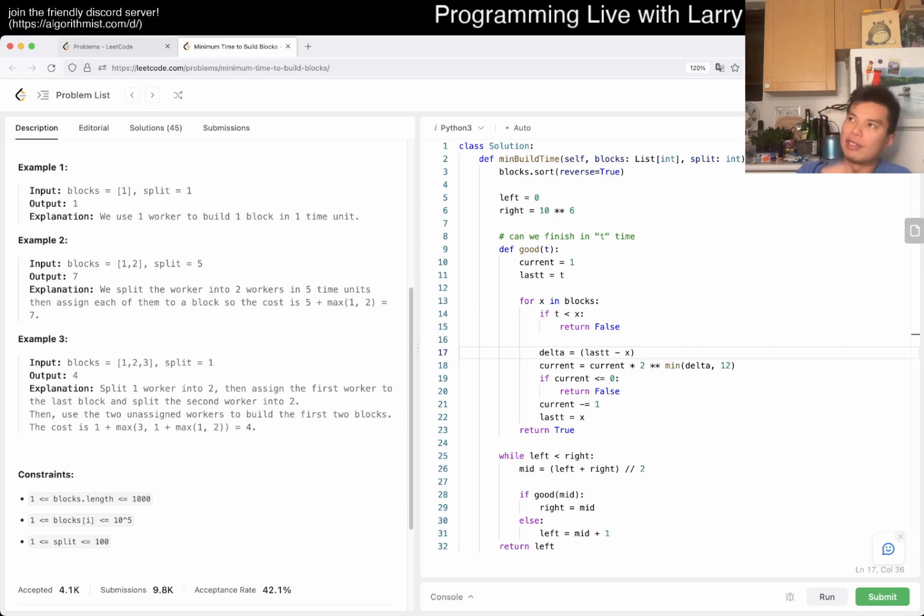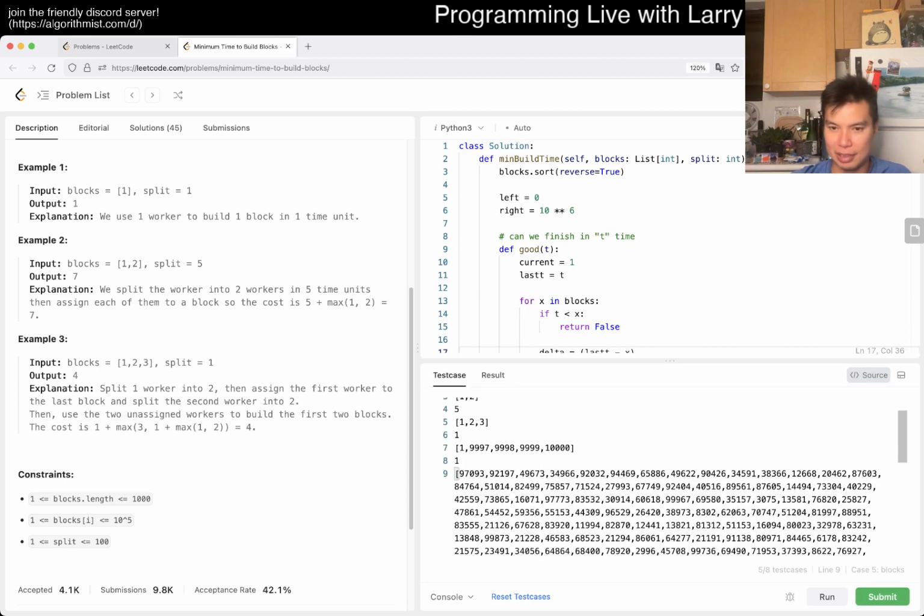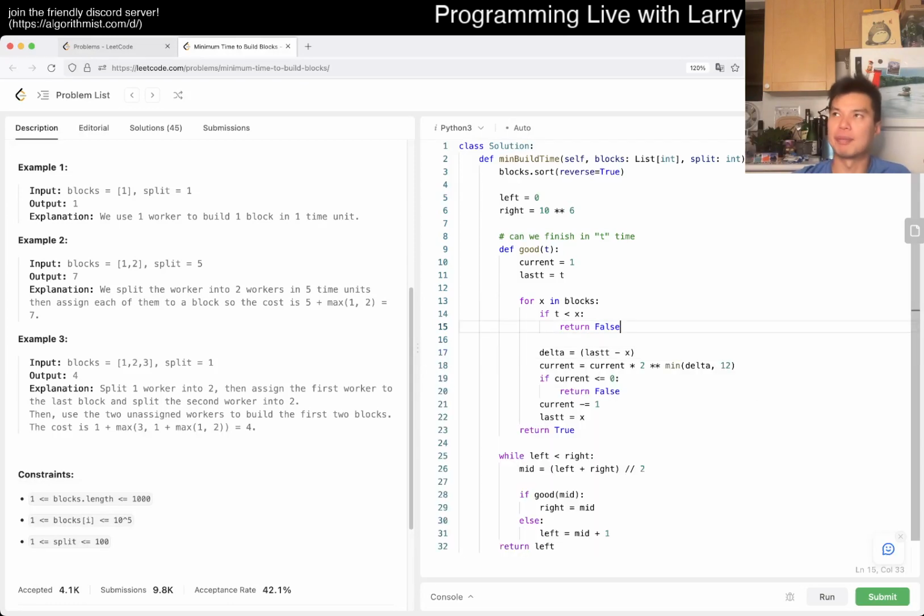And I have to think whether you always want to split as early as possible, right? Because I don't think that's true anymore. Before, you always split because otherwise the workers are just standing there doing nothing.